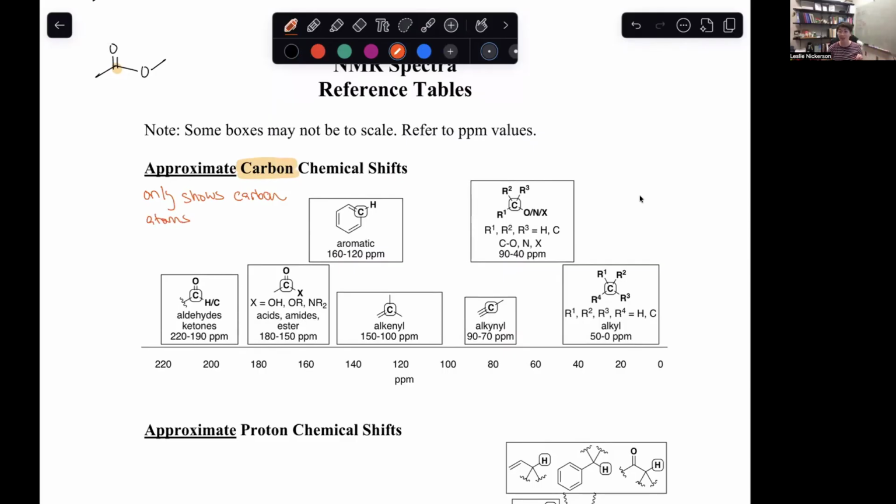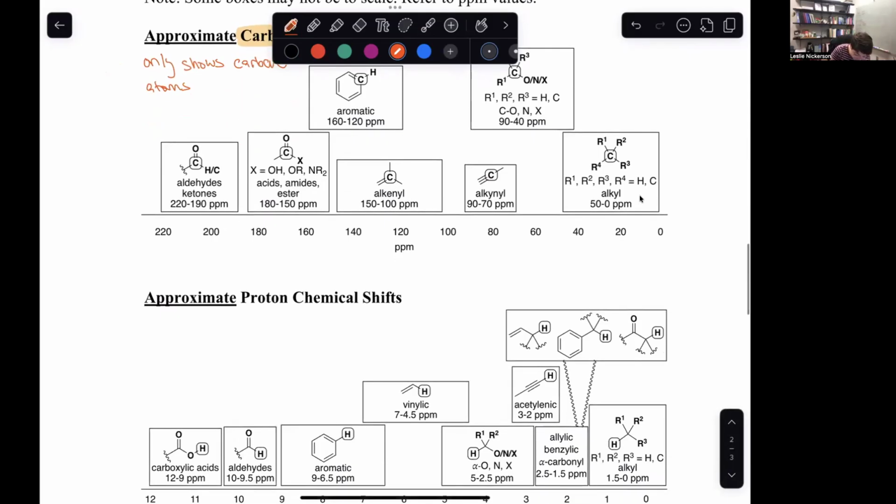You are never going to be seeing a peak arising from an oxygen or a hydrogen in a carbon NMR. Okay. Same with the proton. When we're talking about a proton NMR, we are only showing what's happening with the protons or the hydrogens of that molecule.